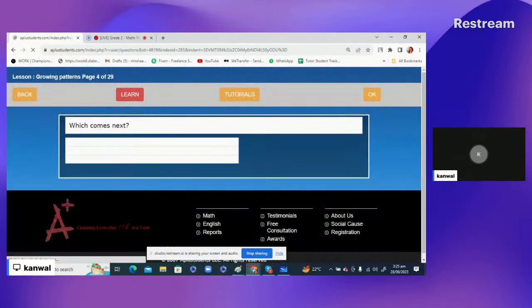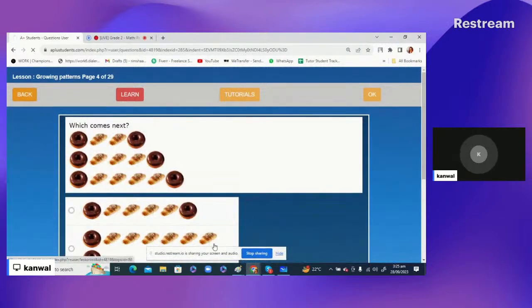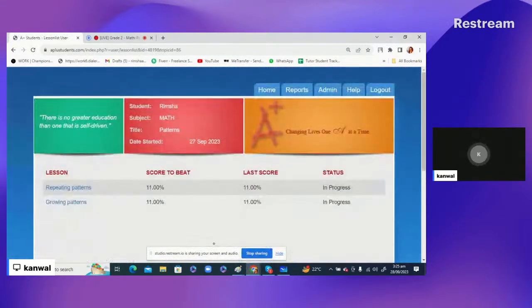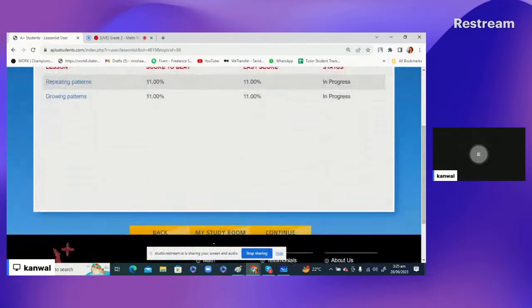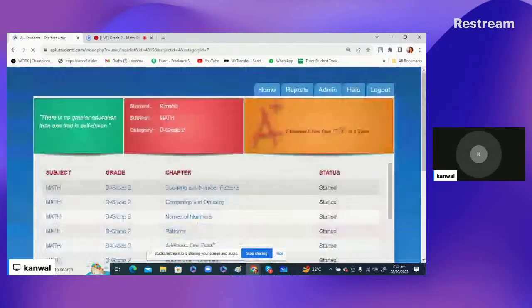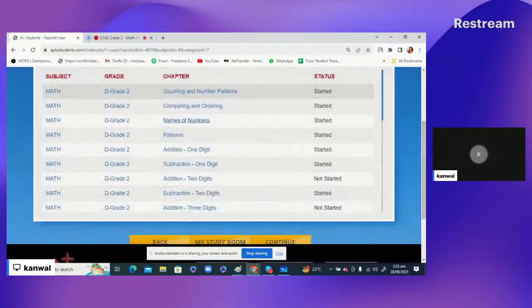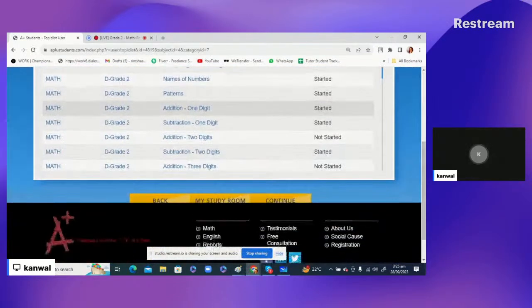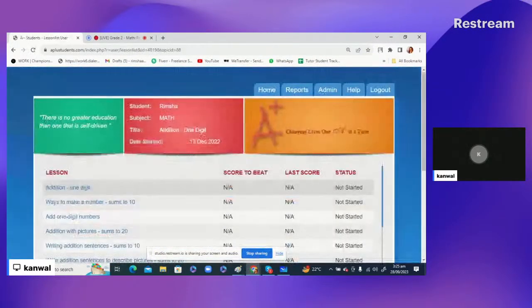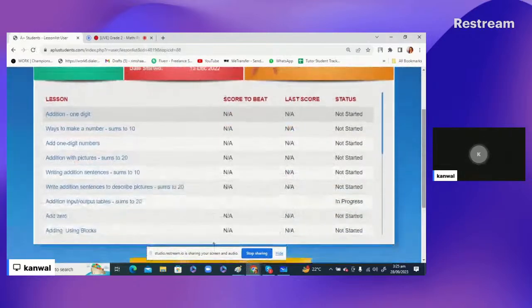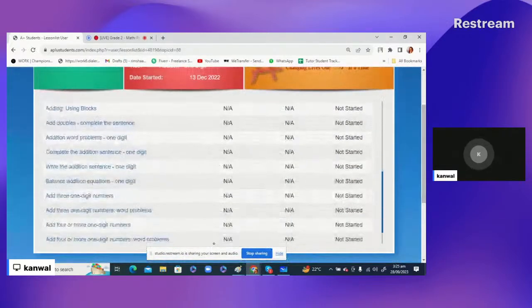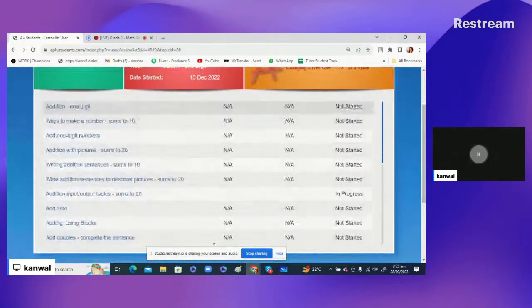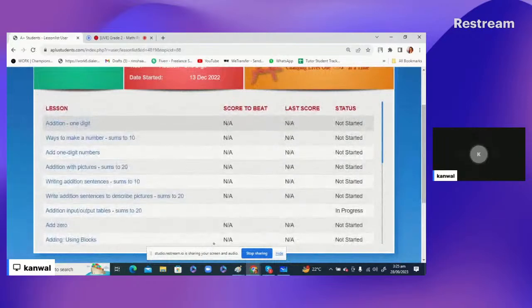Alright. So I hope you guys understand these patterns. There are two lessons for that: repeating patterns and growing patterns. Now let's discuss the next chapter, that is addition of one digit. Okay, so here are a lot of lessons for addition of one digits. Look at here. So let's get started first.